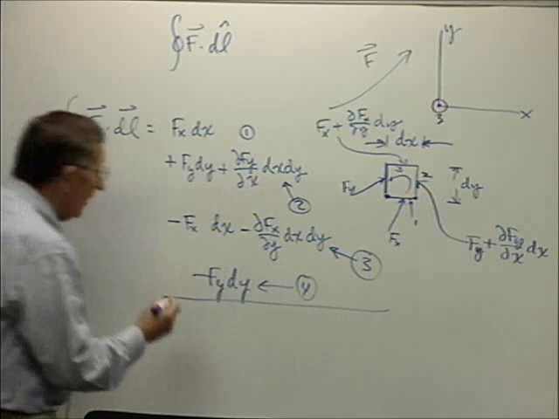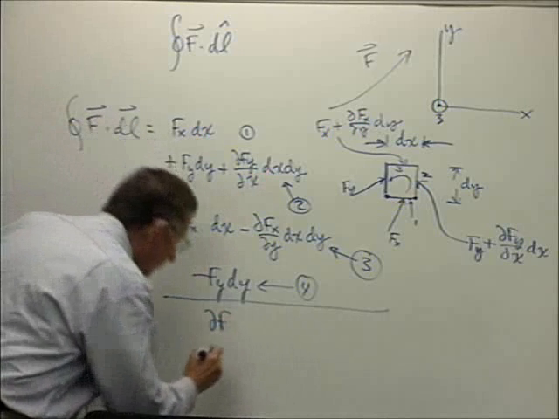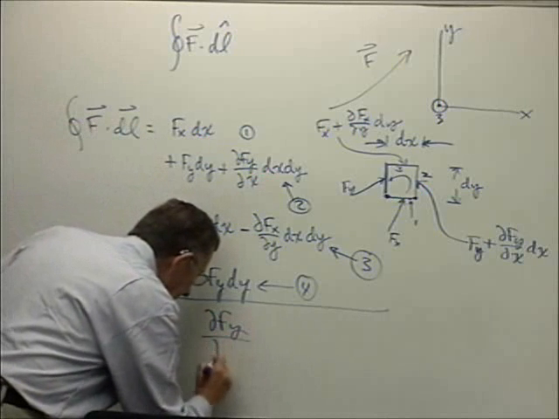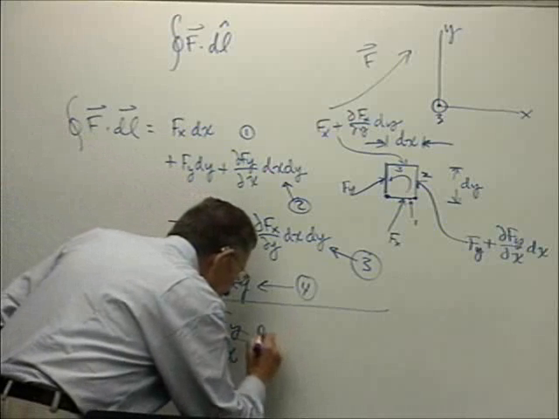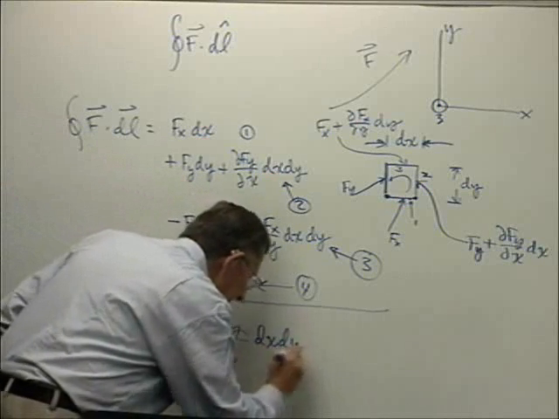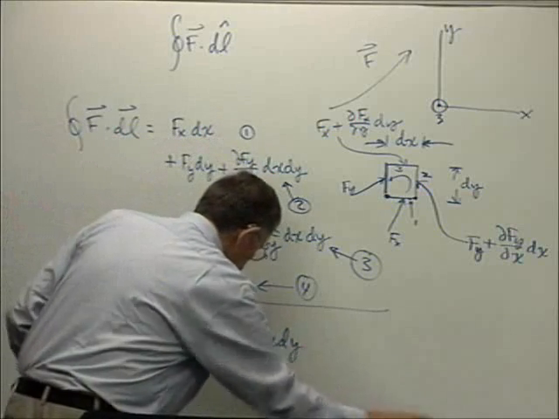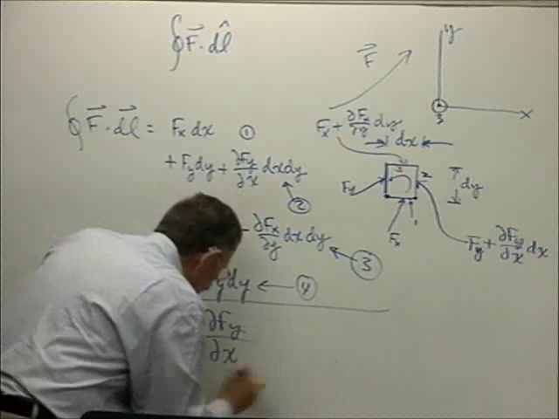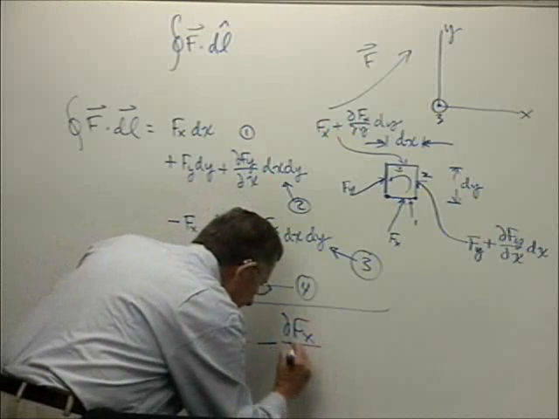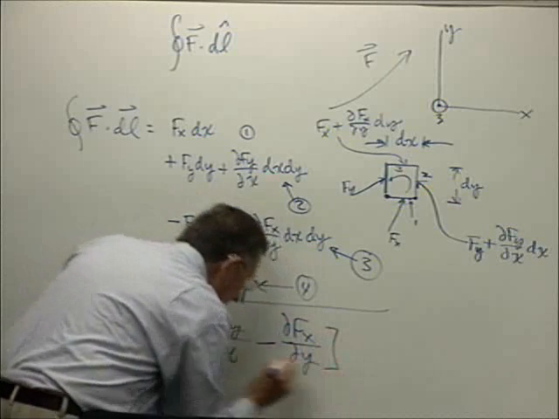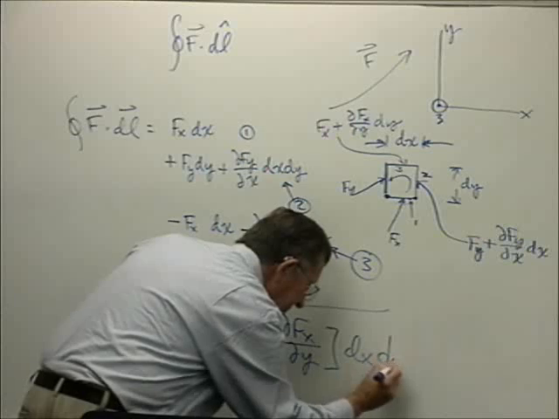So what I end up with is the partial of Fy with respect to x, dx dy. In fact, let me pull this out. I've got this minus the partial of Fx with respect to y, and that quantity is times dx dy.